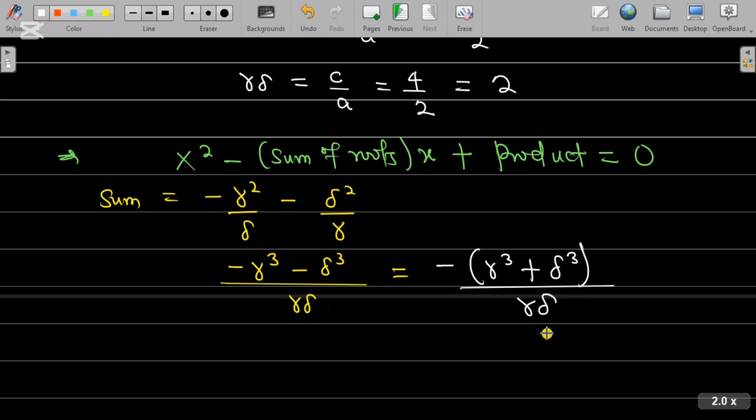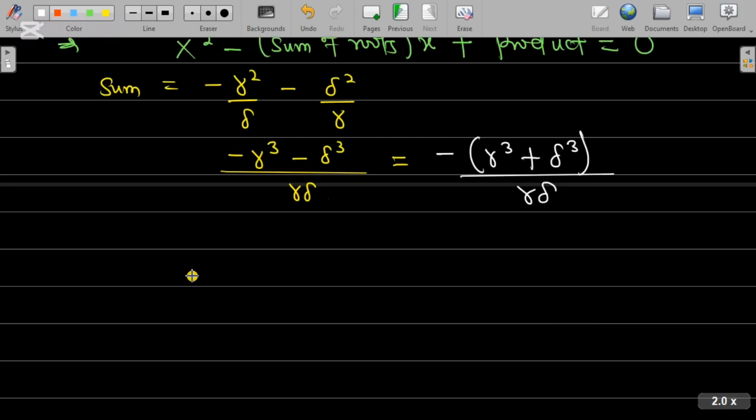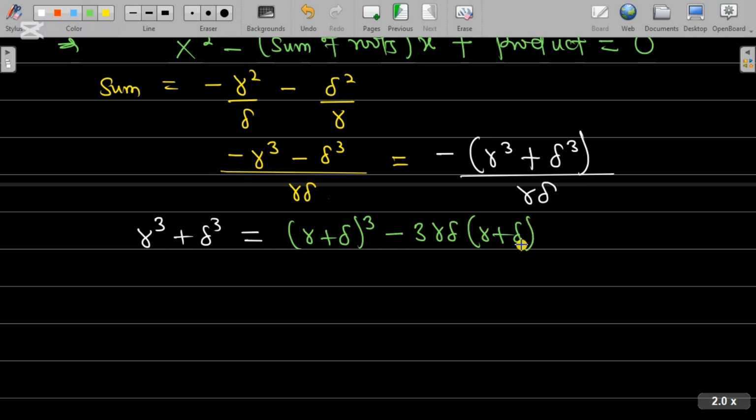All right, so now we need to use the symmetric properties of the roots of quadratic equations to get the value of the numerator, which is gamma cubed plus delta cubed. If you recall, this is equal to gamma plus delta all raised to the power of 3, minus 3 times gamma delta, all into the bracket of gamma plus delta. Remember, what would always help you do this is constant usage.